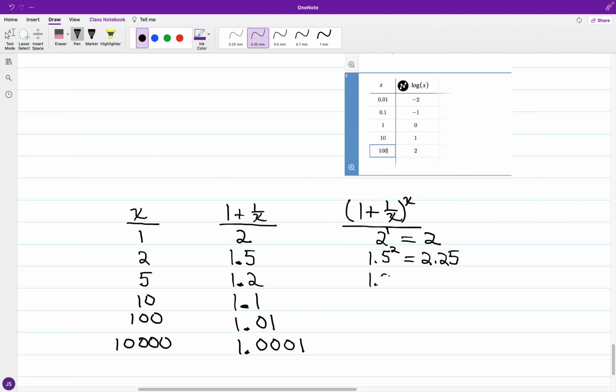Next, if I have 1.2 to the fifth, that number, among the first digits, is 2.48832. Then we have 1.1 to the 10th, and you have a number that is just under 2.6, 2.5937.